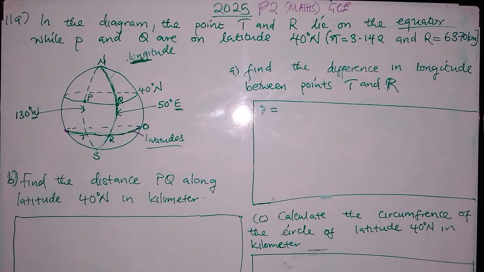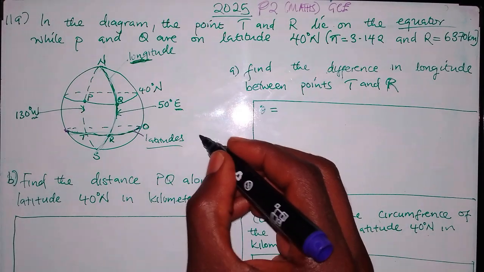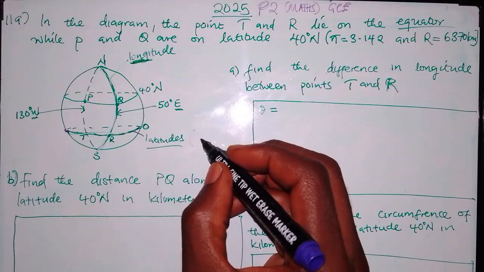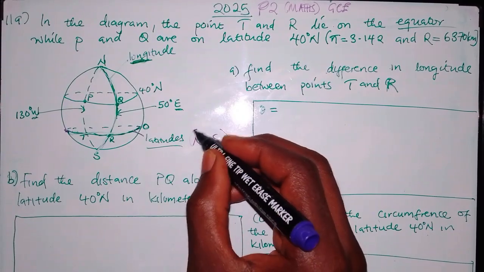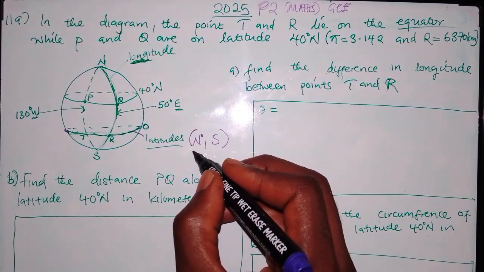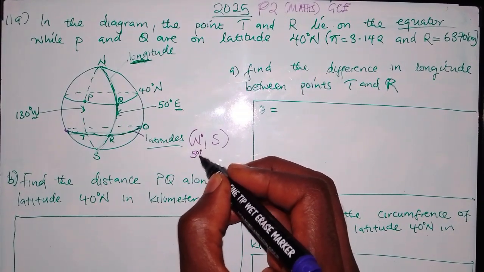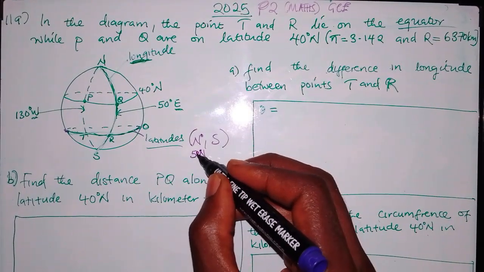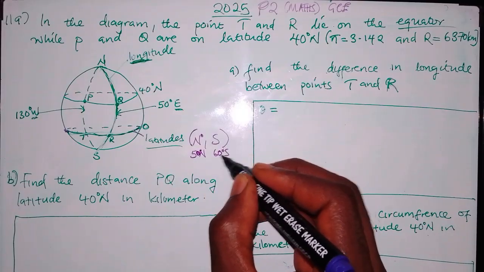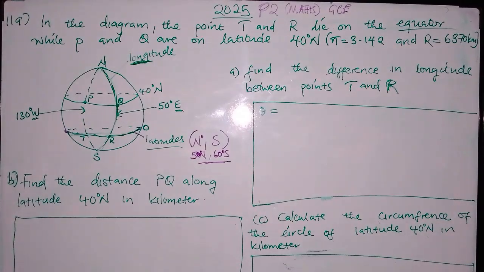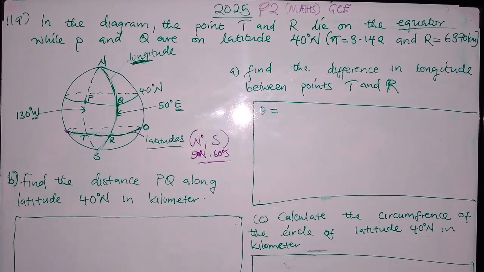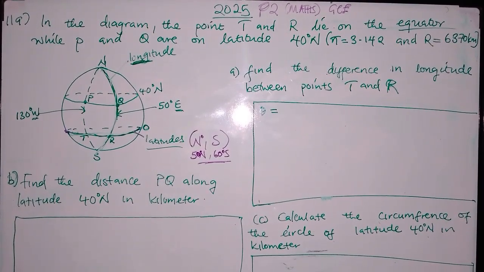Remember, coordinates that represent latitudes will always have either north or south. For example, you can have 50 degrees north or 60 degrees south. Whenever you see a coordinate as north or south, this represents latitude.